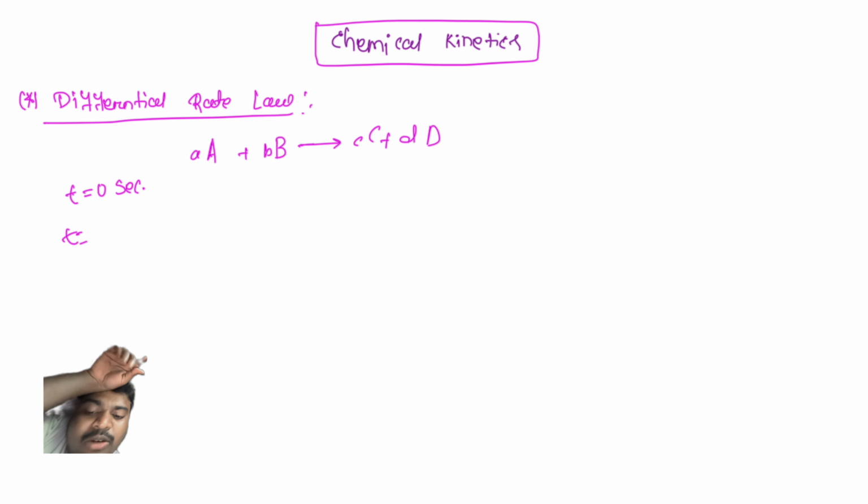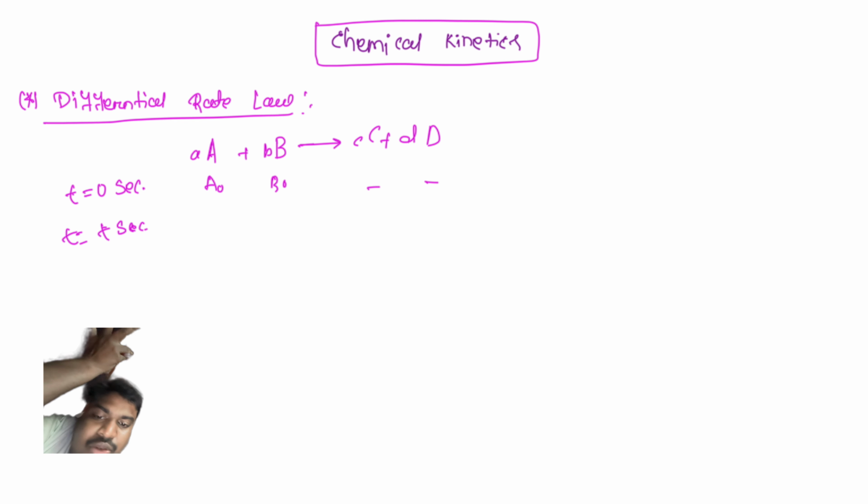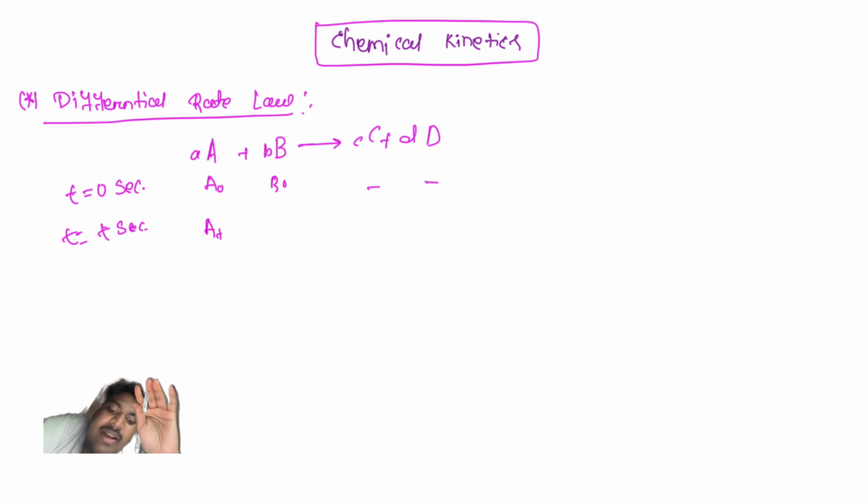Now I allow some time for the reaction to happen, say t seconds. At the start, the amounts are a naught, b naught, 0, 0. At time t, the amount left for A is at and for B is bt, and some product has formed: ct and dt.